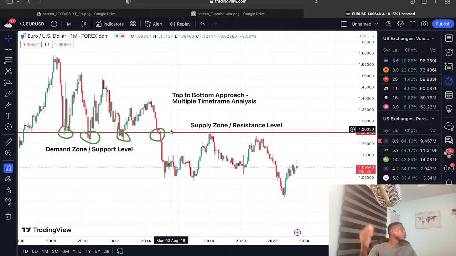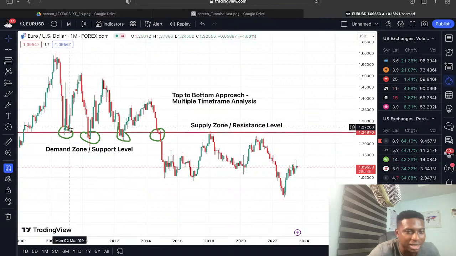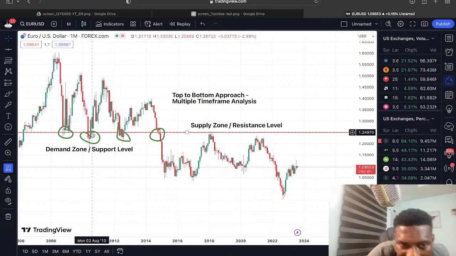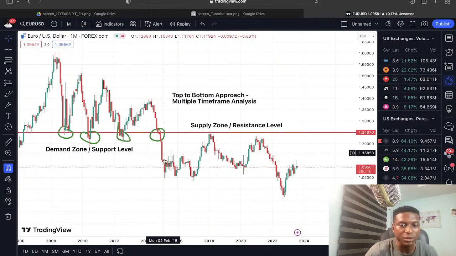When you slam a hammer on a particular wall, and you keep slamming the hammer, at some point what does the wall start doing? The wall starts cracking, giving way for the hammer to penetrate into it. And that is something that played out here. We saw price coming to slam this level, coming to slam the level the second time, the third time, and the fourth time it fell.